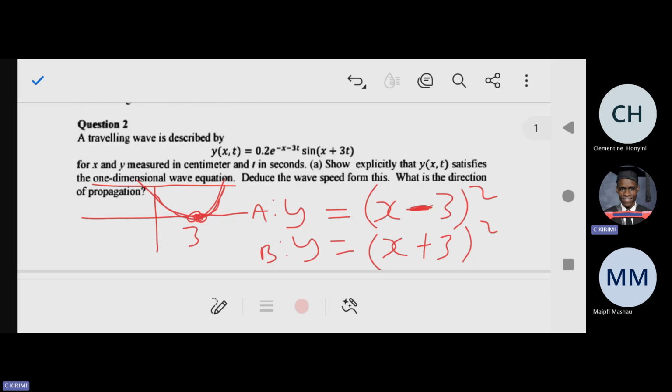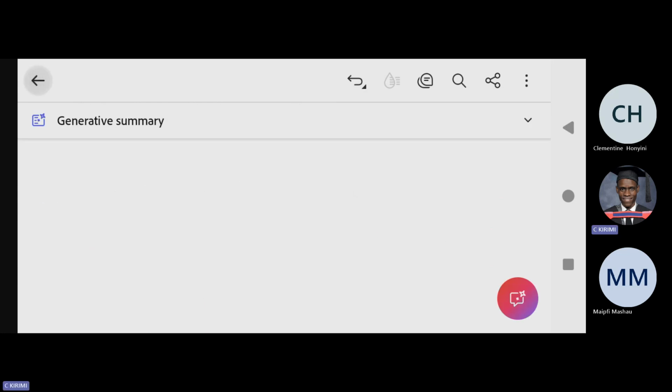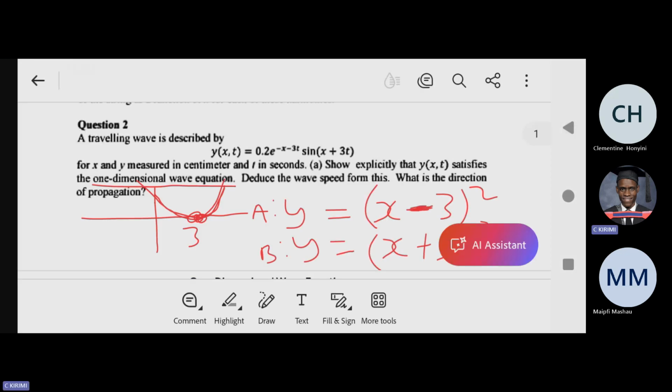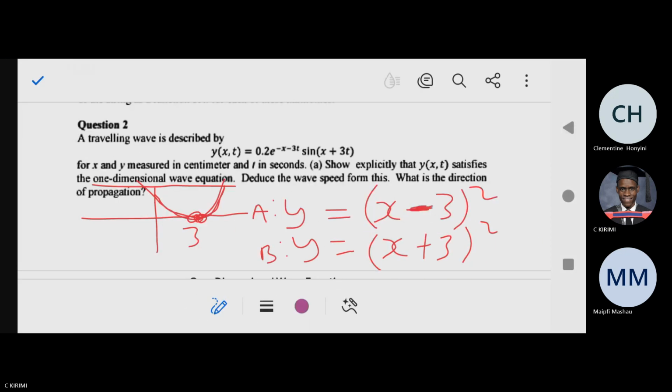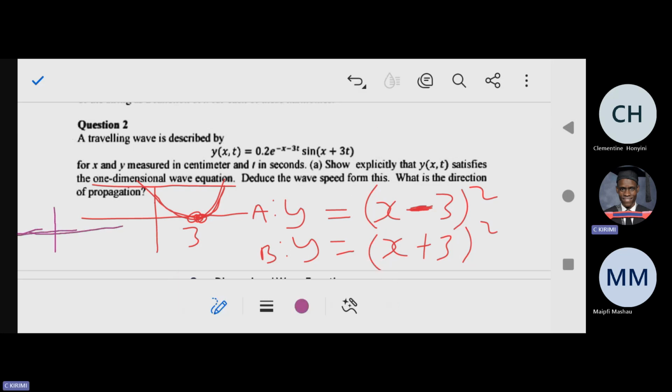The one that has been shifted to the left is the one that will be having the positive one, like this one. Now it has been shifted to the left, which means it will cut from here, at -3.